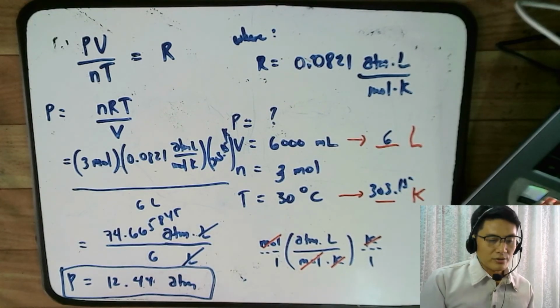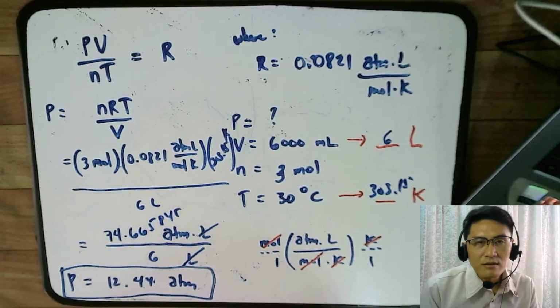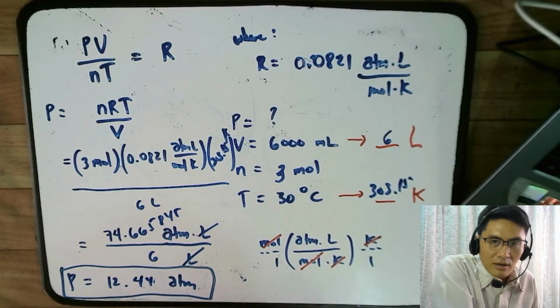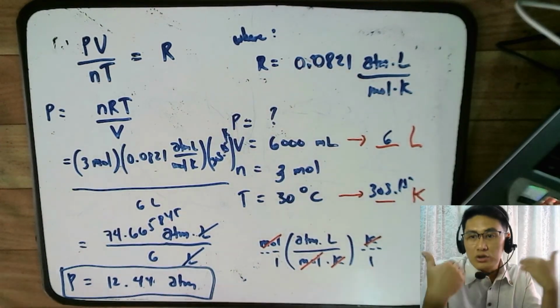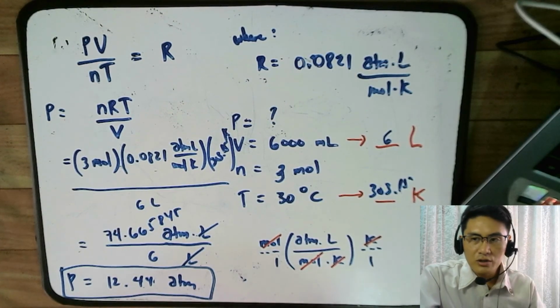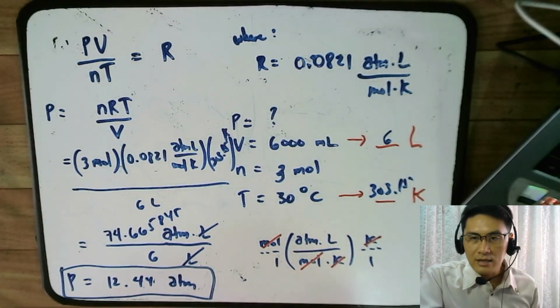So it's a skill also that you should learn. You don't only need to know the answer or calculate for the answer, but you have to know how to communicate how you calculated the answer to other persons, namely to your teacher. So let this be a guide for future calculations involving the ideal gas law.